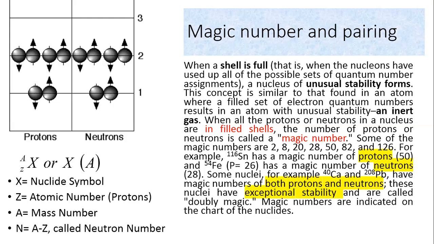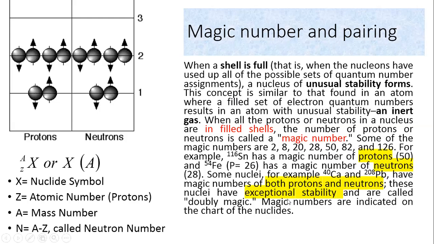When all the protons or the neutrons in a nucleus are in a filled shell, the number of protons and neutrons is called the magic number that we discussed in the previous slide. Some of the magic numbers are 2, 8, 20, 28, 50, 82, and so on.